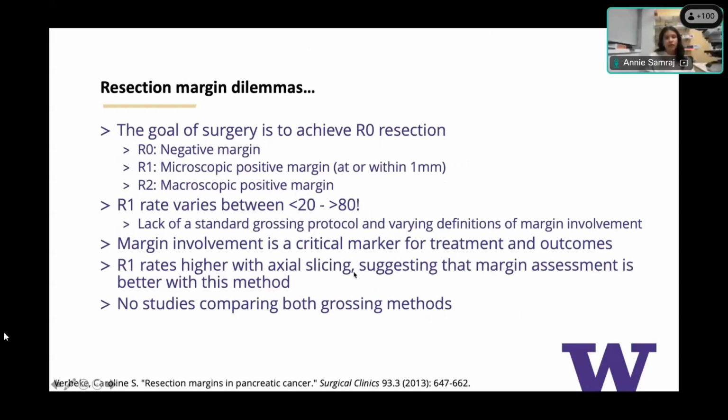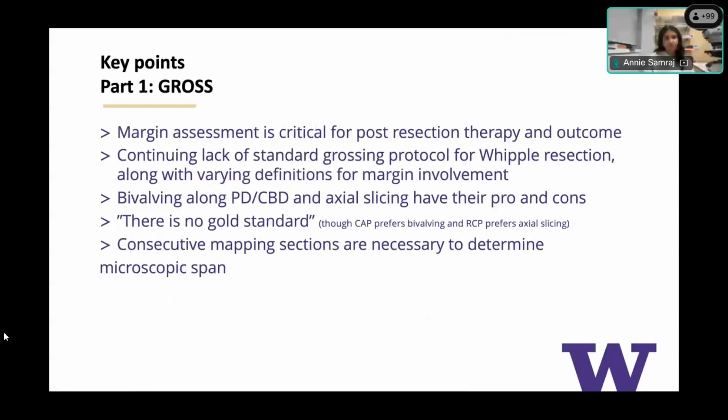For whatever it's worth, the positive margins are higher with axial slicing. So this actually tells us that margin assessment is better with axial slicing. Right now, we don't really have studies comparing both grossing methods, and hopefully in the future this is something that will be done.